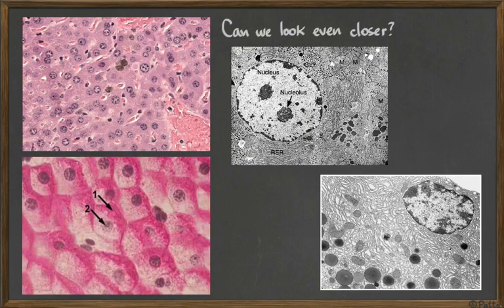If we use another kind of microscope, this colored one on the left is an optical transmission microscope. And this image in black and white uses a different kind of microscope. They are seeing things in even more detail. This is the nucleus that you saw before. Here, the pieces of chromatin within the nucleus.